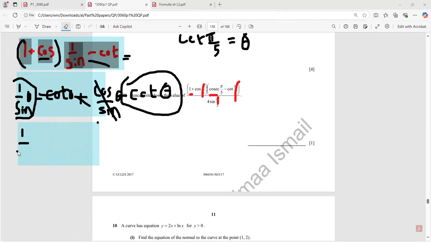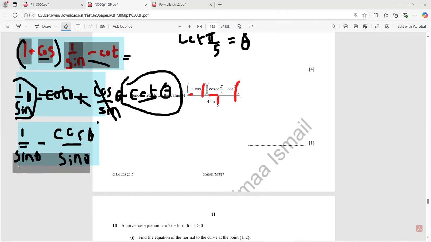So 1 over sine minus cot, I will make it cosine over sine, cosine over sine. Okay. Theta, theta, theta. And now we have a common denominator here.